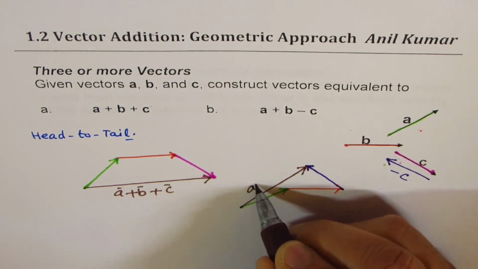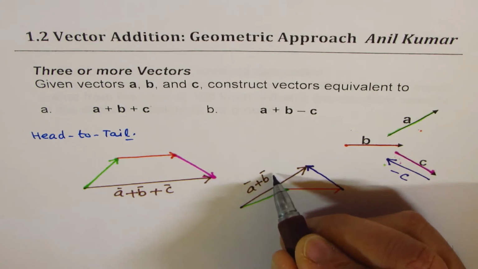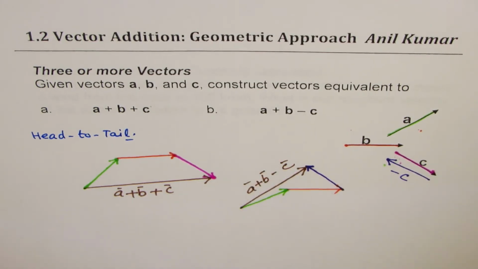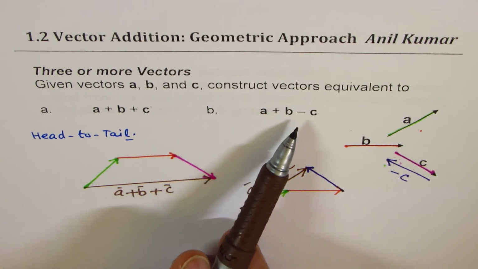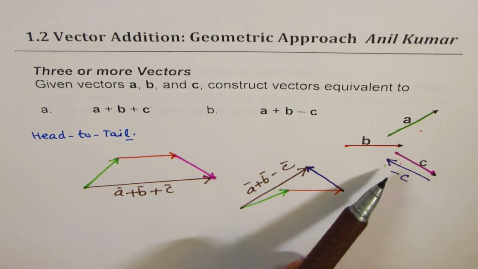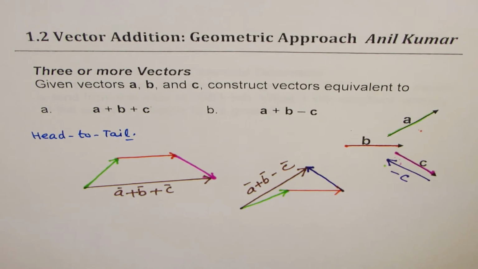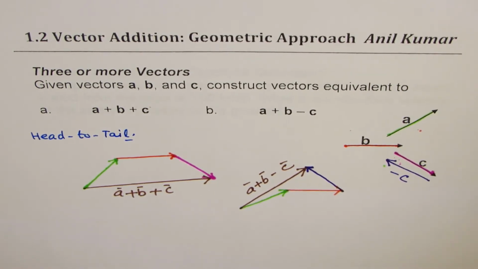That will be A plus B minus C. Is that clear? So whenever we are adding negative vectors, we actually reverse the direction to get the negative vector. Perfect. So that is how it is to be done. So I hope that point is well taken care of.